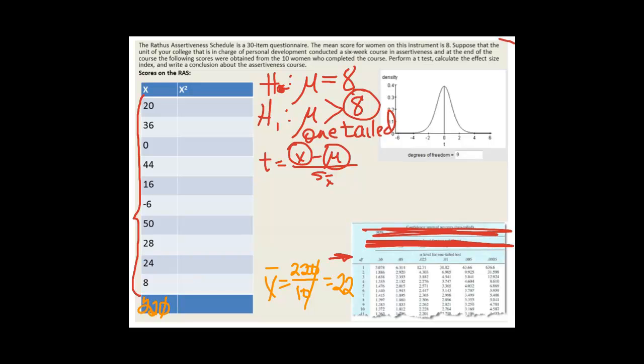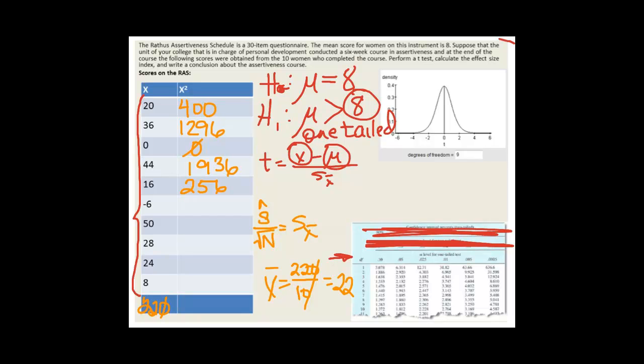So let's take each of the values and square it so that we can calculate the S hat value, which we will then use to find the value for S sub x bar. 20 squared is 400. 36 squared is 1296. 0 squared, that one's easy, 0. 44 squared is 1936. 16 squared is 256. -6 times -6 gives me a positive 36.